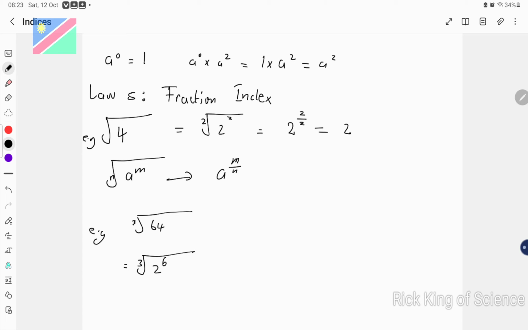Then you say, okay, this will be 2 power 6 divided by 3, which is equal to 2 power 2, which is equal to 4.